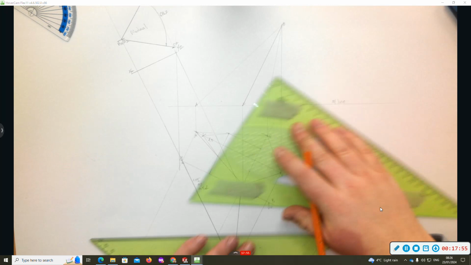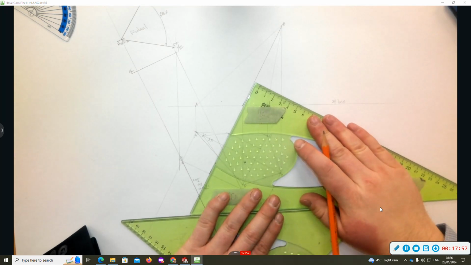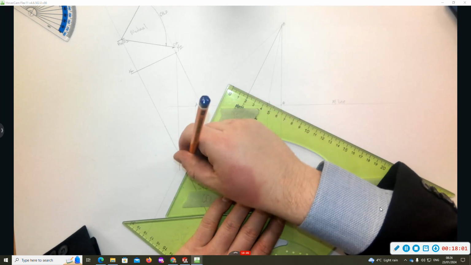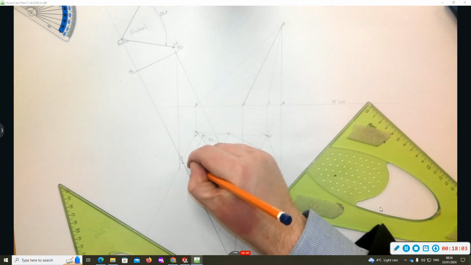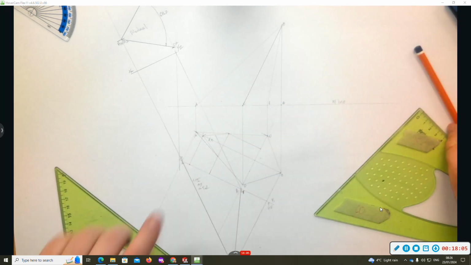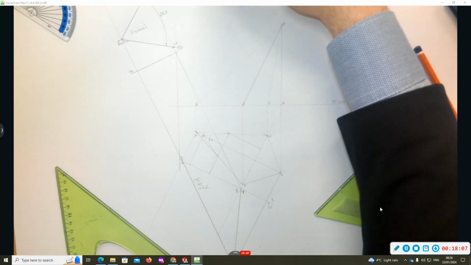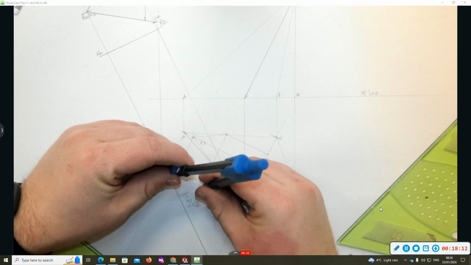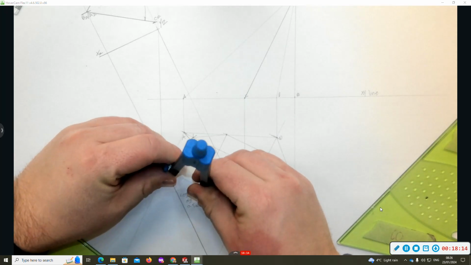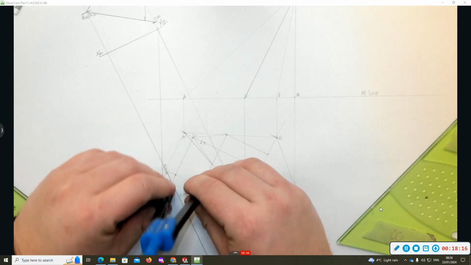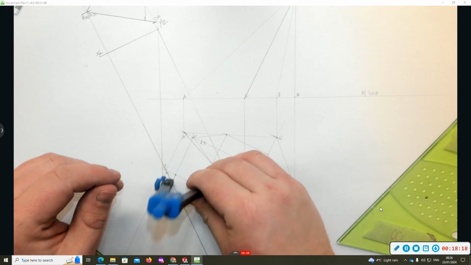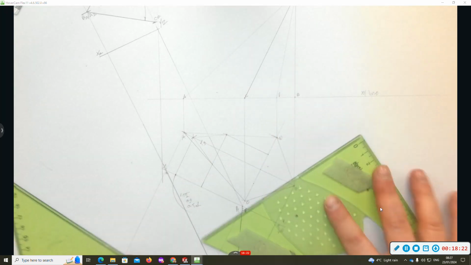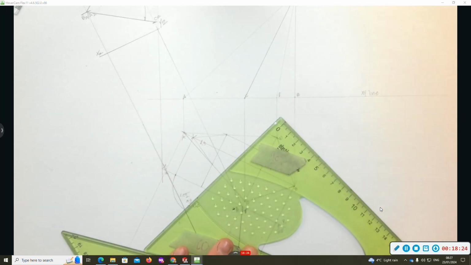Now, I'm going to bring that back to my auxiliary elevation. And that's it on the x1, y1 line. I'm going to put my compass here and rotate it up till it hits up here, because you just know that that's right, because it's far higher.